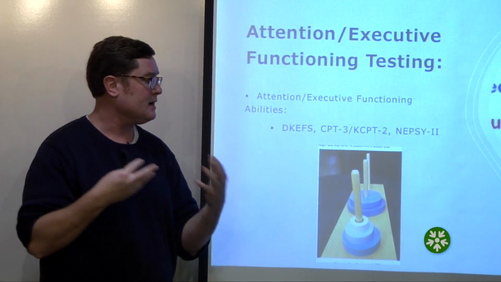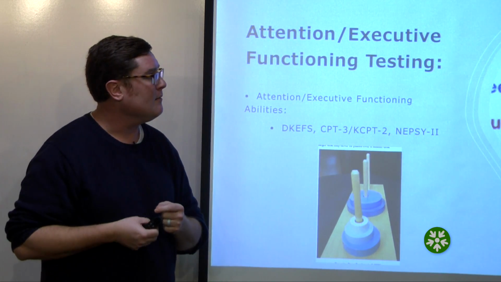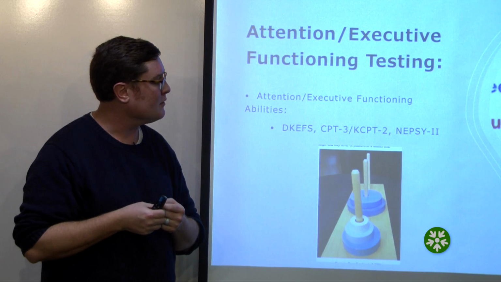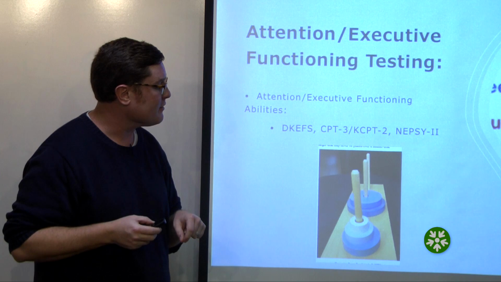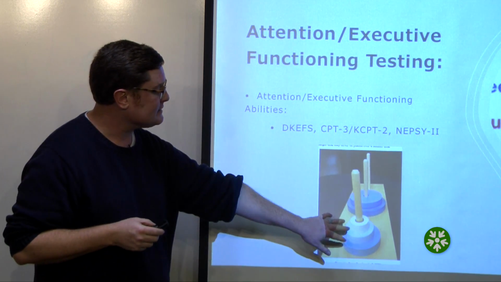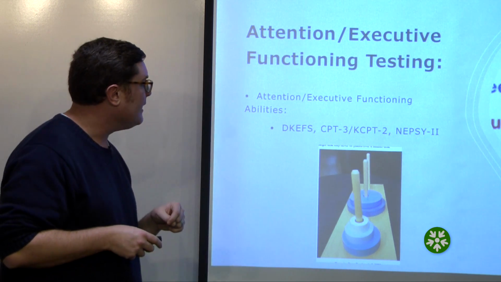Some children will just jump into it and not think about the correct solution, but others will want to plan out the discs and where they're located. So this is a test of planning ability, an executive functioning task.